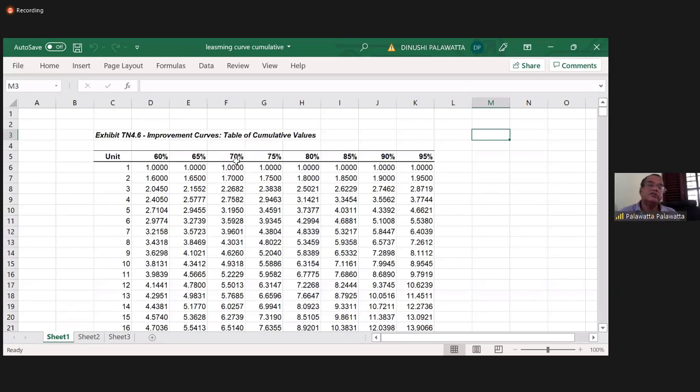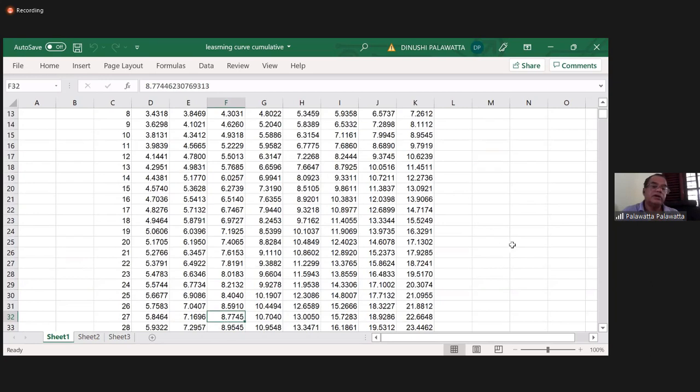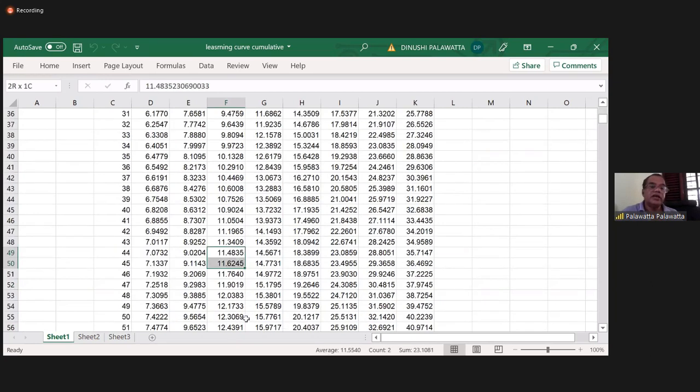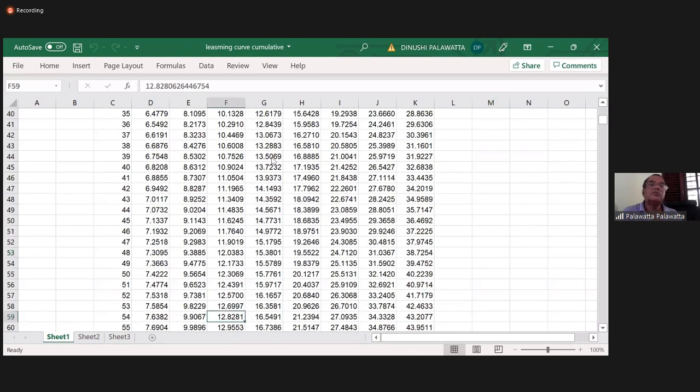So under the 70% column, we need to come down till the 50th unit. So we get the number as 12.8281.